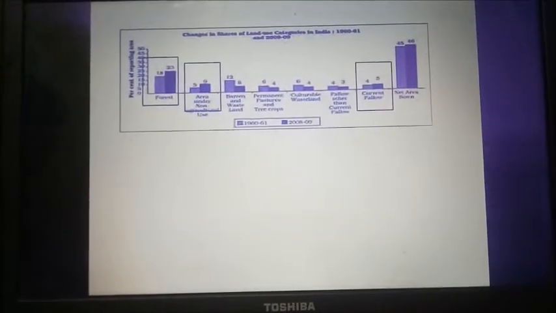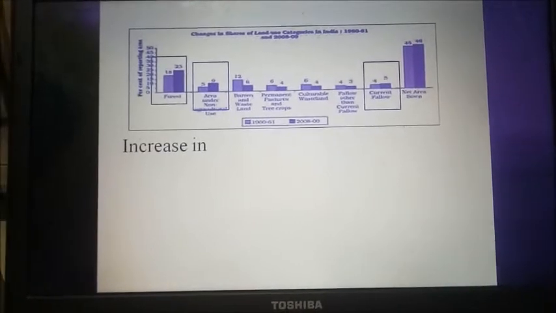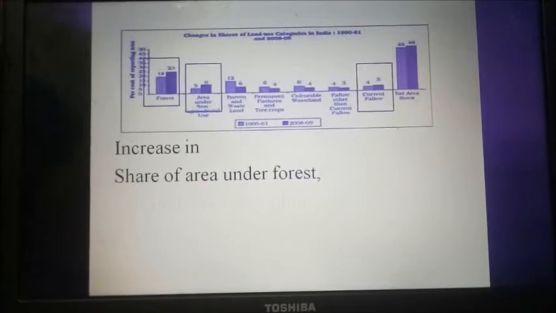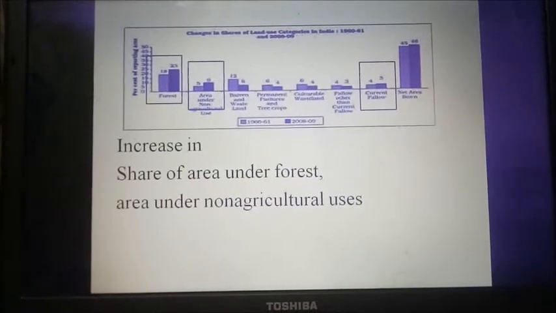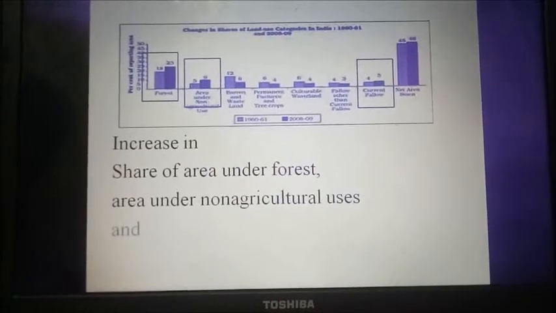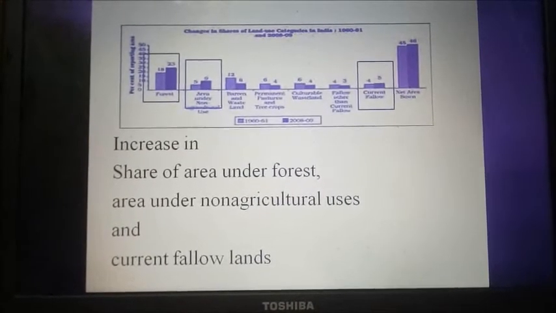What are the 3 categories that have seen an increase? The share of forest area has increased. Area under non-agricultural uses has also increased, and current fallow lands have also increased.